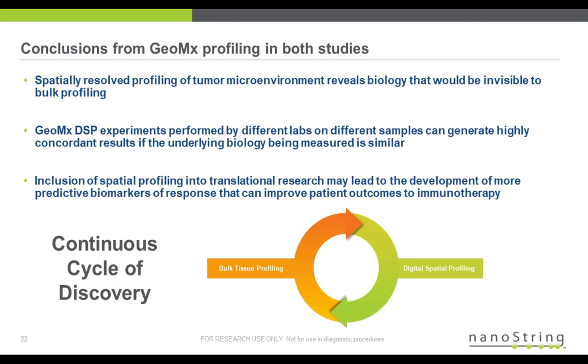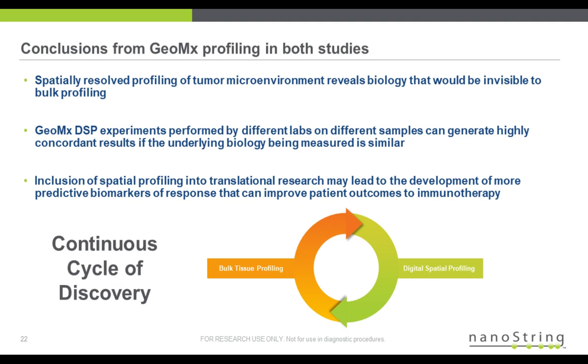So there is very little user-to-user variability, site-to-site variability, and so it generates very highly concordant results if the underlying biology that's measured is similar, which really enables cross-lab collaboration, comparison of different data sets to quickly drill down in on that biology, which is ground truth, which is most impactful then for regulating tumor immune responses.